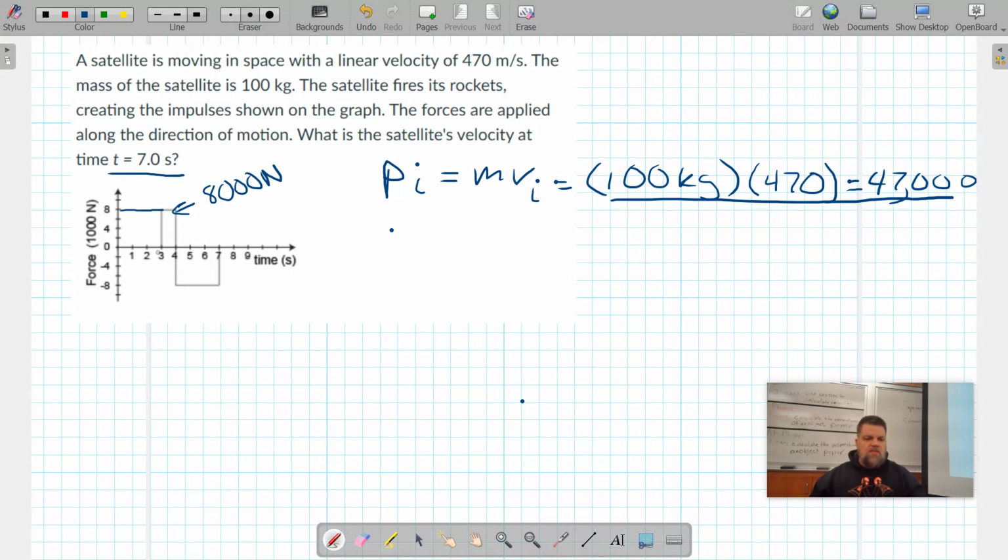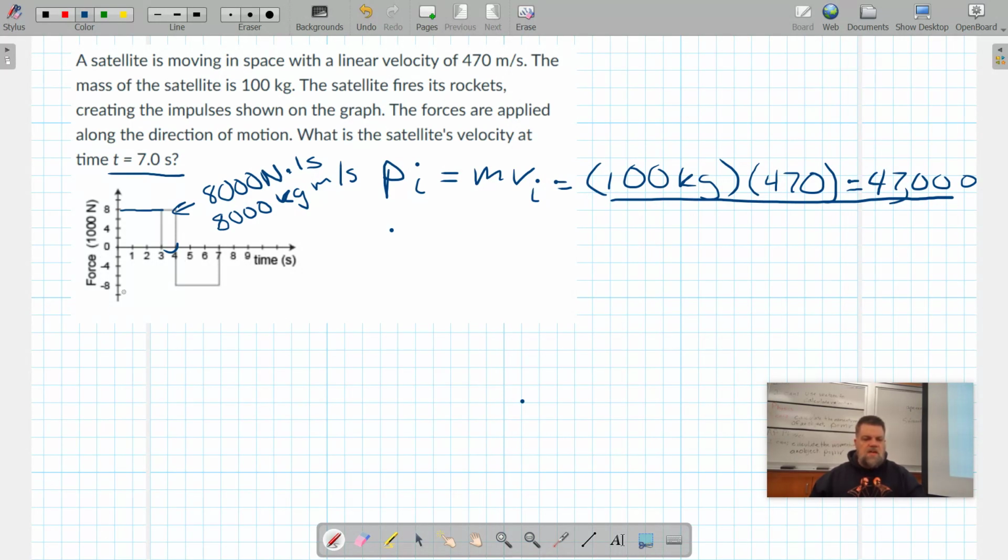But it's being fired over 1 second, right? From 3 to 4 is 1 second. So that momentum is 8,000 newtons times 1 second, or 8,000 newton seconds, or 8,000, positive by the way, kilogram meters per second.